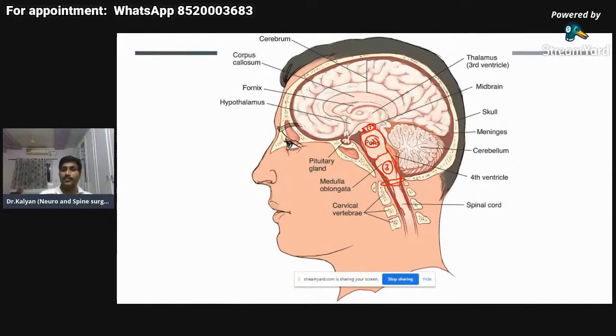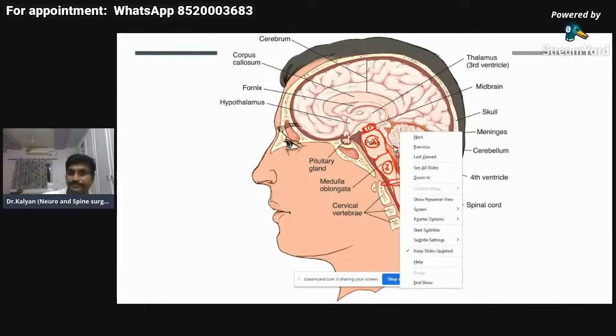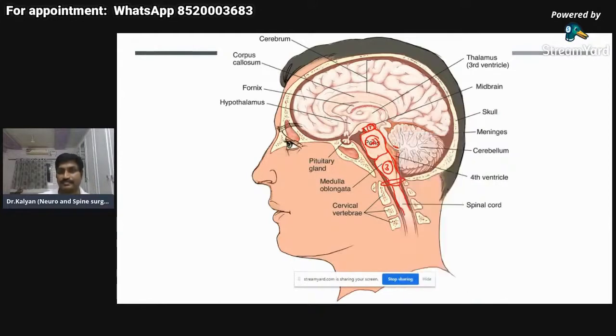Now you have to understand that the cerebellum is present behind the brainstem.